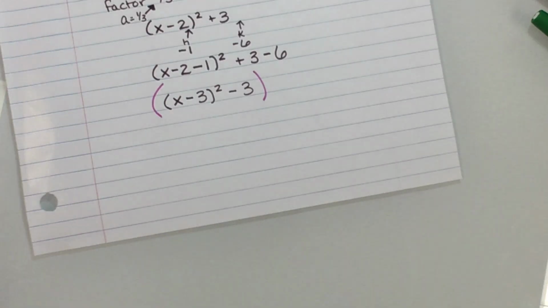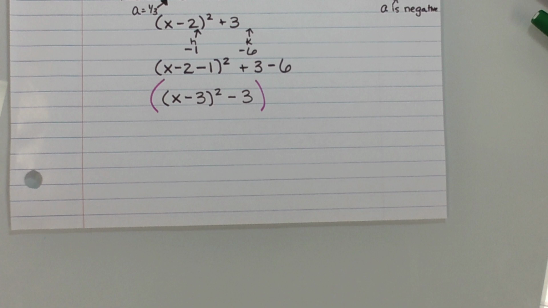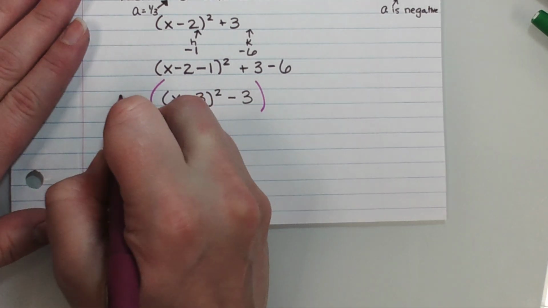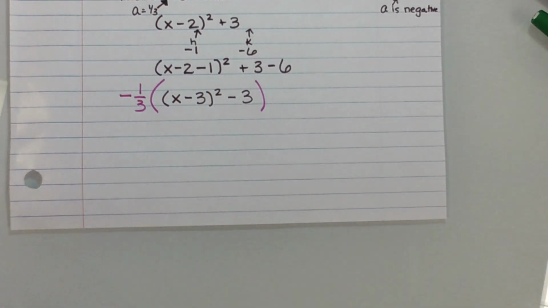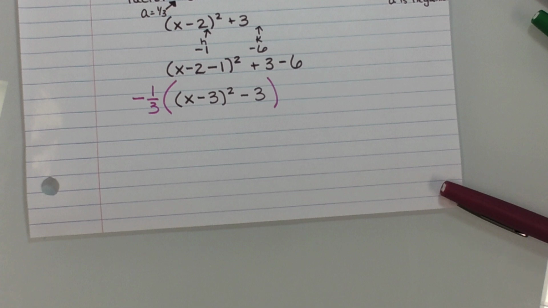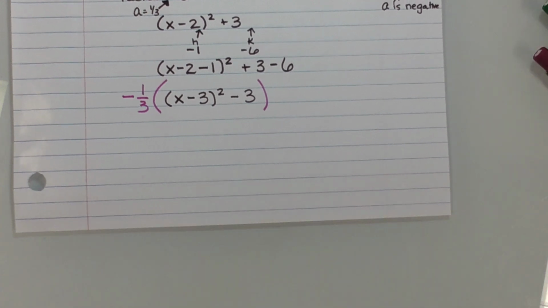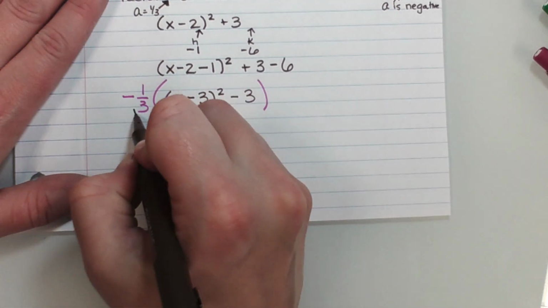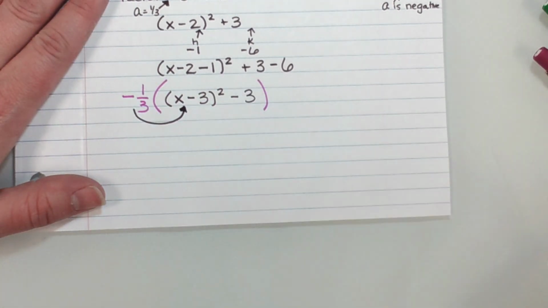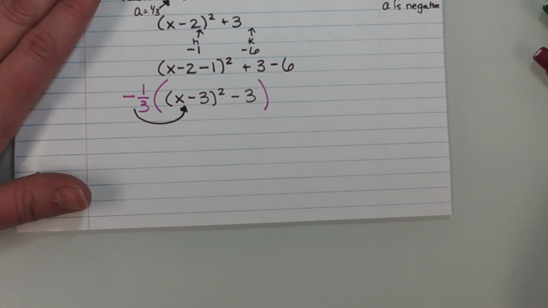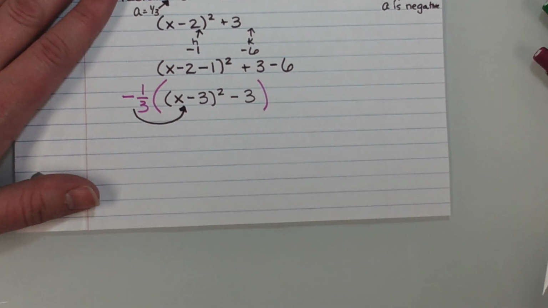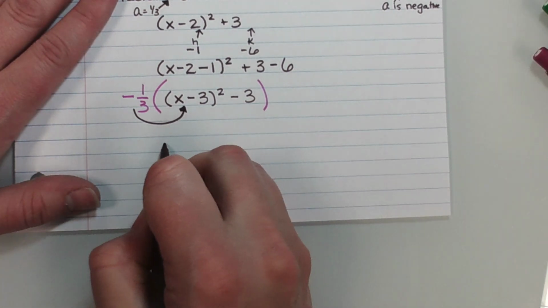Since I have to do it to everything because it's an A, I'm putting everything that I got in parentheses, and then I'm putting the negative 1/3. Do I typically leave a number in front of a set of parentheses? No, I distribute it. Now when I distribute it, it hits another parentheses. But that parentheses is squared. You can't touch it. So the negative 1/3 just sits in front of it.